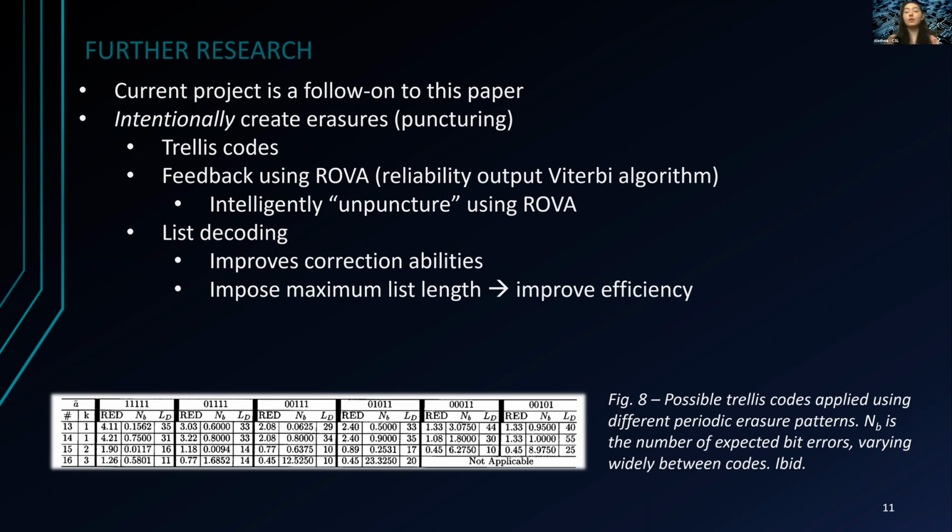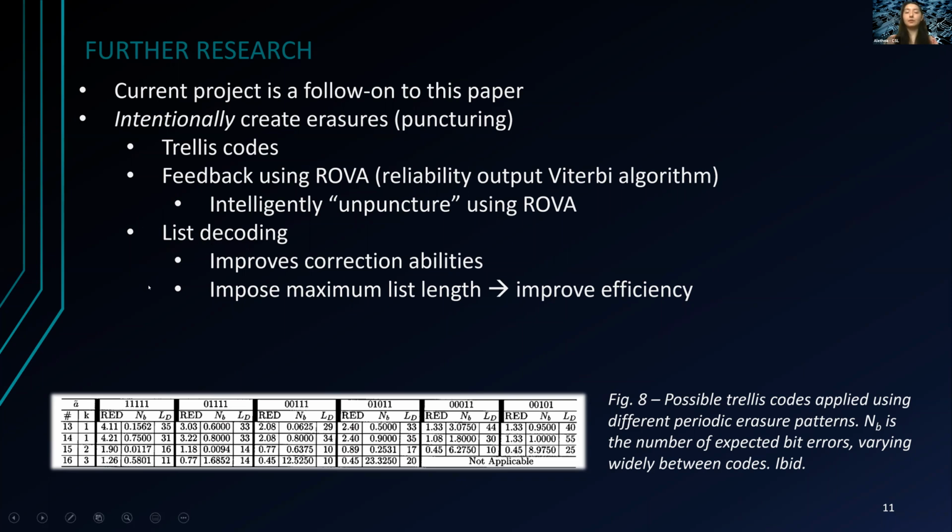However, then our ROVA algorithm will tell us there's an 80% probability that this is correct, and say we want a threshold of 99.2% probability that it is correct, we can unpuncture, basically send back to the transmitter and say, I want you to add this bit back in, and send the message again until our ROVA algorithm says you've got a 99.2% chance that this output is correct, and then we can stop.